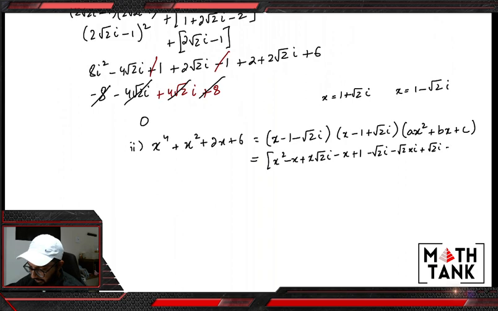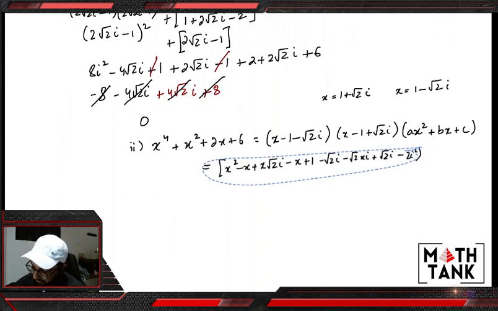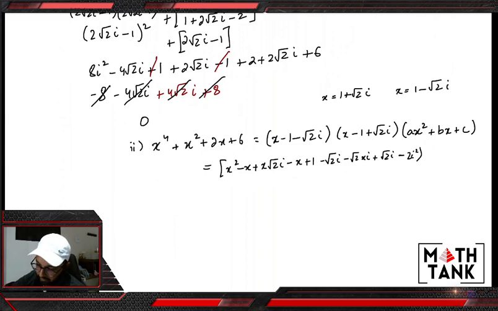I'm being very careful because you often end up making silly mistakes here. Minus 2i squared. Okay, I have run out of space, so I'm going to move that a little to the left and say that this is ax squared plus bx plus c.